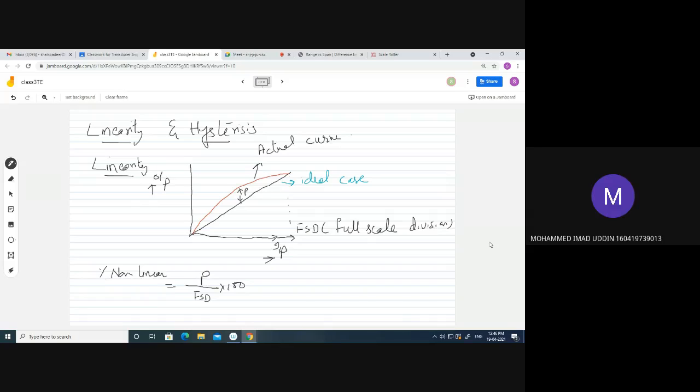It is defined as the percentage of maximum deviation of any of the calibrated value from the ideal straight line. Right, that's it. The definition is over. This is the mathematical representation. Note down this, then I will give you the explanation for that word. Can I give? Yes, sir.